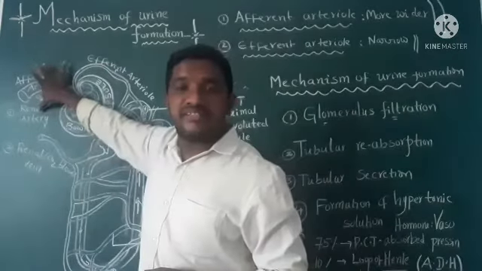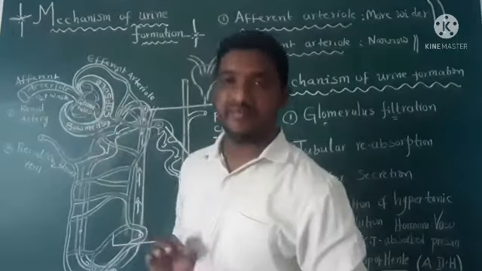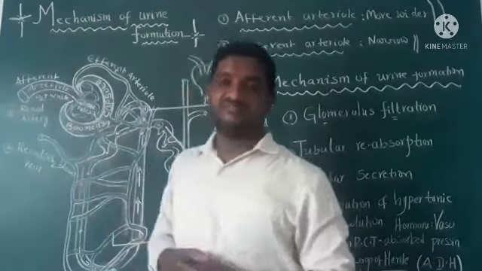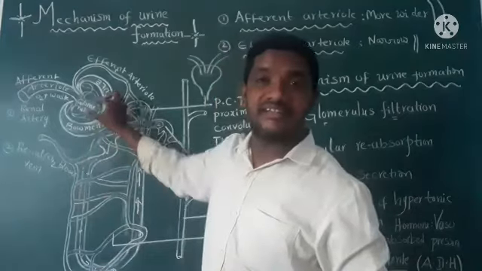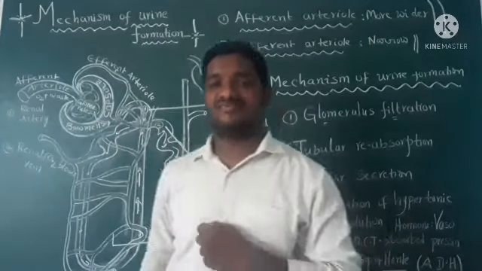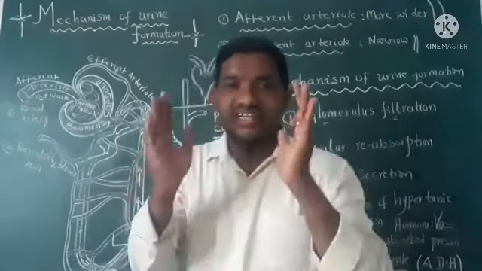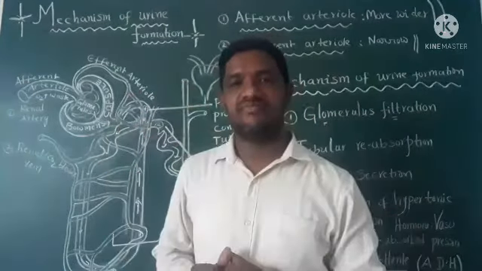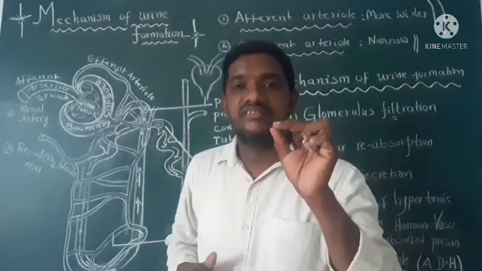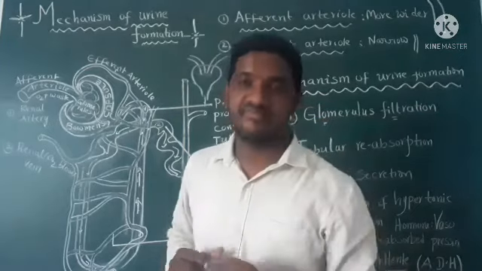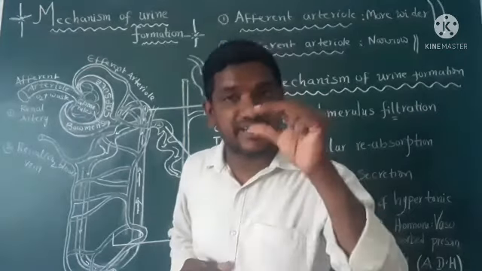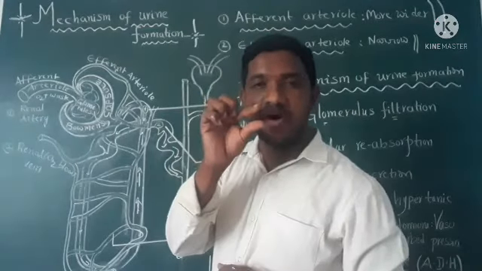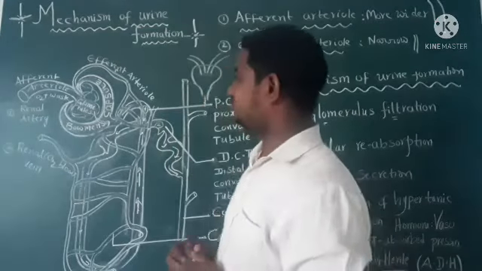More diameter in the afferent arteriole, less diameter in the glomerulus. Tell me now, what is glomerulus? Finest blood vessels. It has less diameter. The tube is very small in size. Okay.